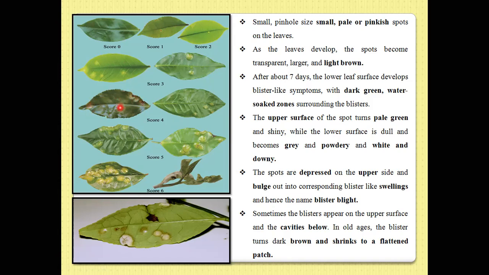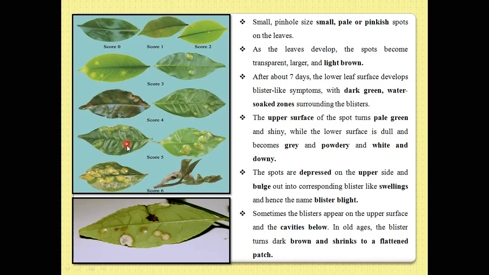After a few days, 7 to 10 days after the fungus infects the healthy leaf, blister-like symptoms are seen on the lower side of the leaf, with a dark green water-soaked zone surrounding these blister symptoms.